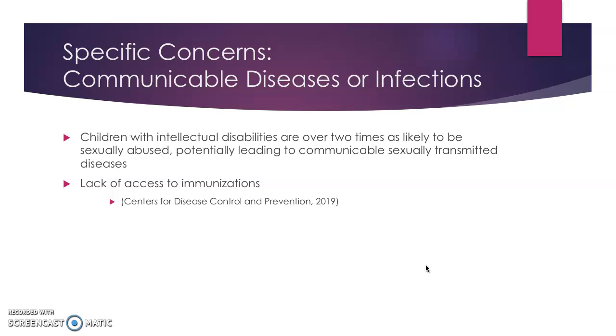Creating protective environments and teaching these children skills to prevent sexual violence is only a start. We also need to educate parents on immunizations and why they're so important in preventing communicable diseases, because the lack of access to immunizations could also contribute.